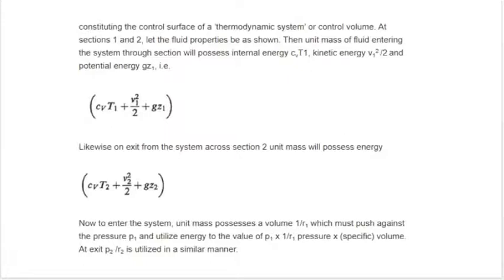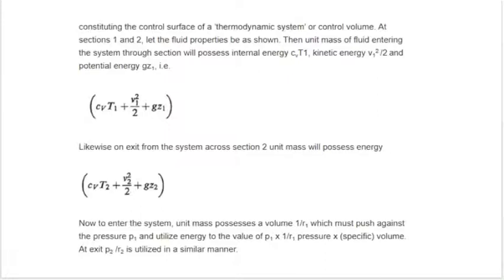Likewise, write the corresponding expression for the exit section: CvT2 plus v2 squared by 2 plus g z2.